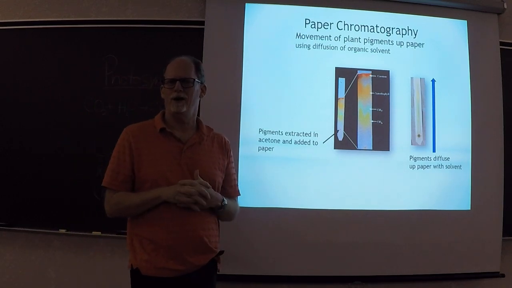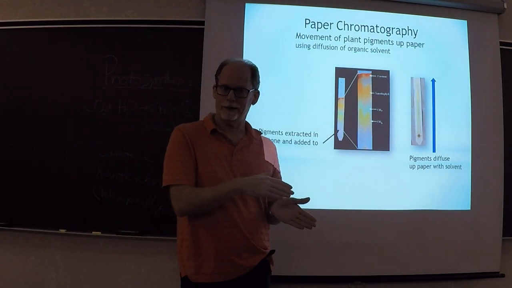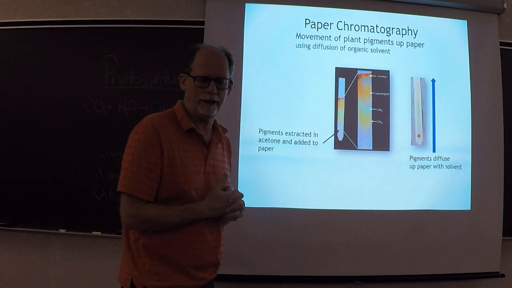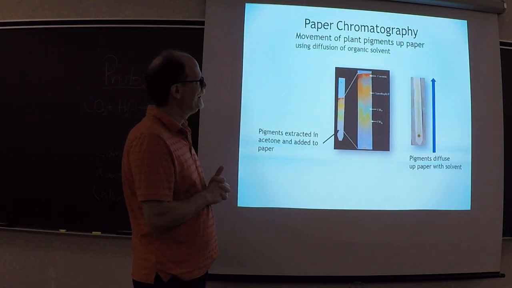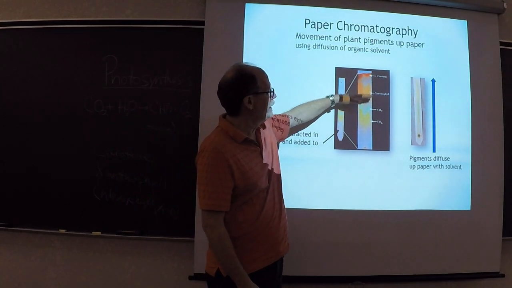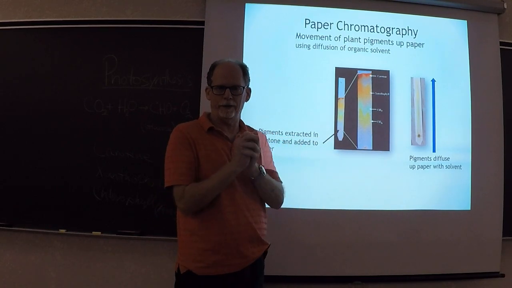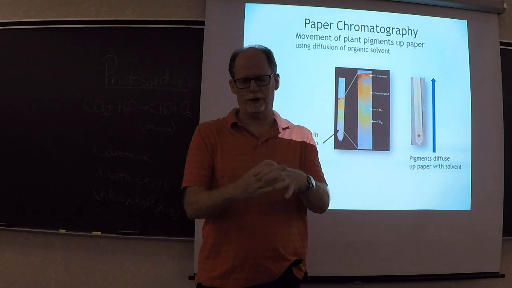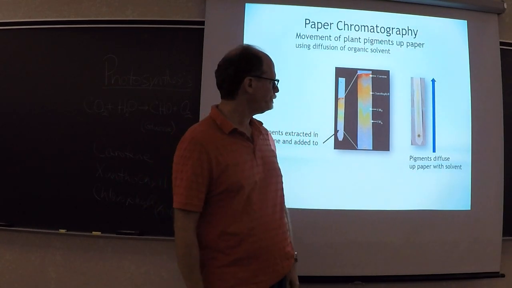And we're going to get into all the details of that in class when we do chapter 10. Okay, so I'll explain that process. The purpose of this experiment is to separate the pigments, right? They're all together inside the leaf. So what we'd do in the lab was take a small chunk of leaf and crush it all up.